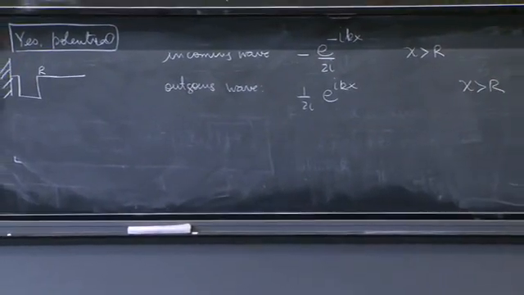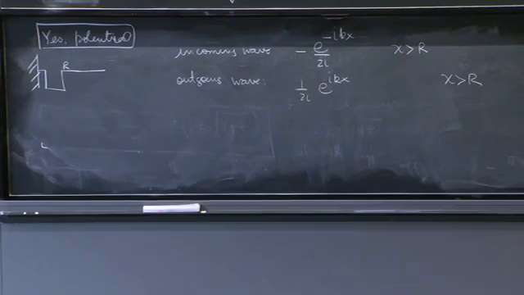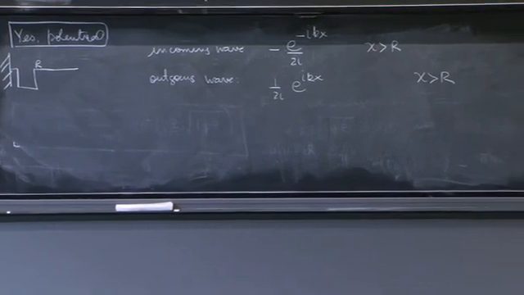But that cannot be the outgoing wave. This is the same as the other one, and there's a potential. So something must be different. On the other hand, if you think about it, very little can be different, because you must have a solution with zero potential.